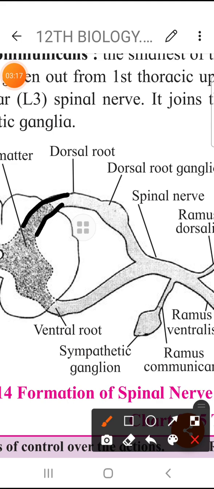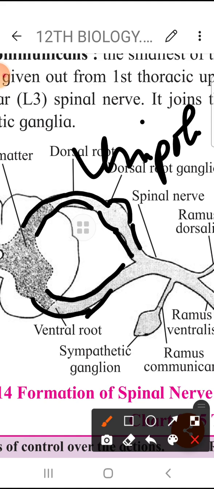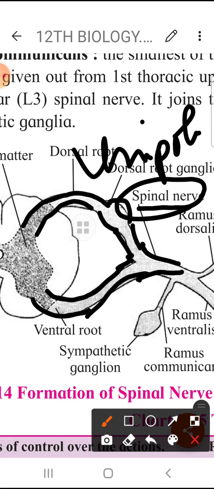The extension of the dorsal root has a swelling here called the dorsal root ganglion. What is it made up of? It's neurons, formed of unipolar neurons. They come together, and here the ventral root comes and joins the dorsal root, forming the spinal nerve.